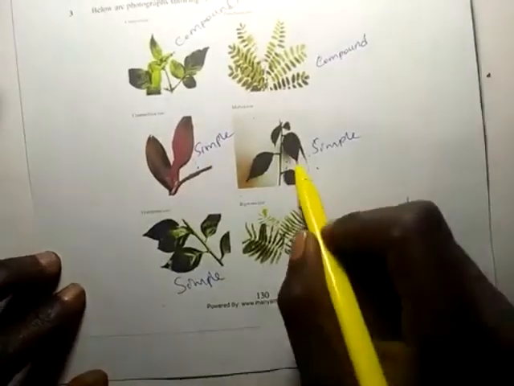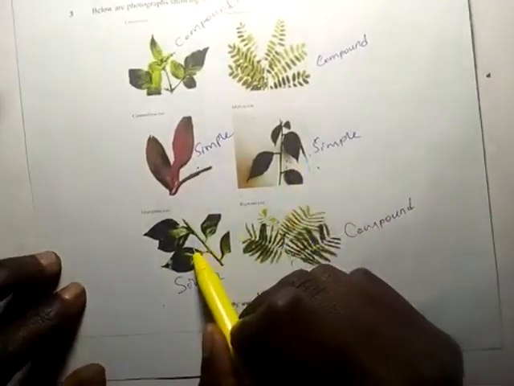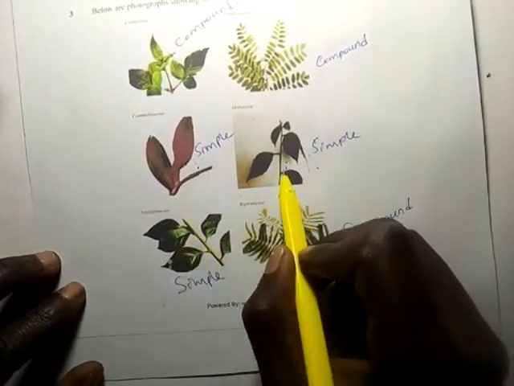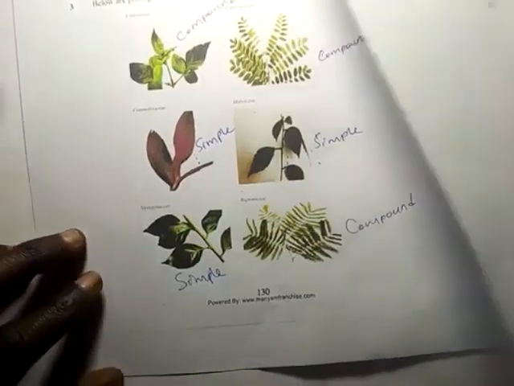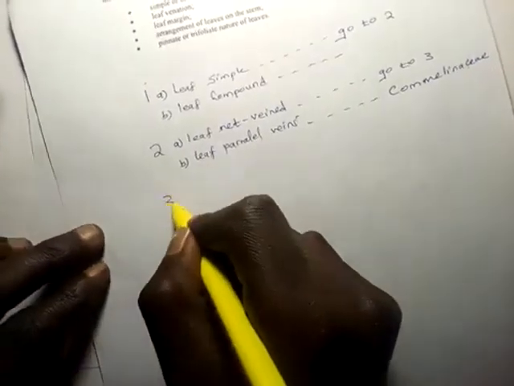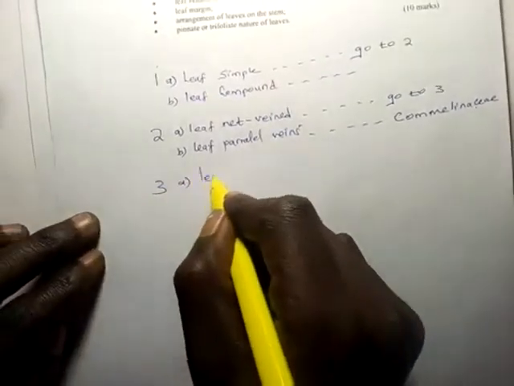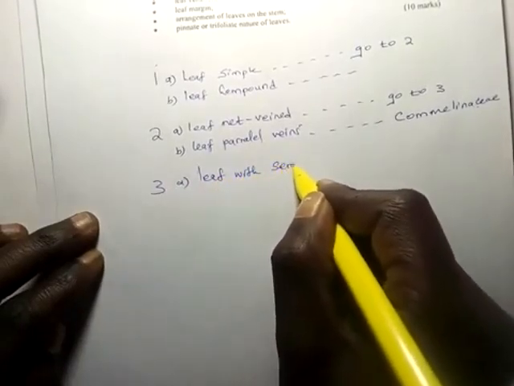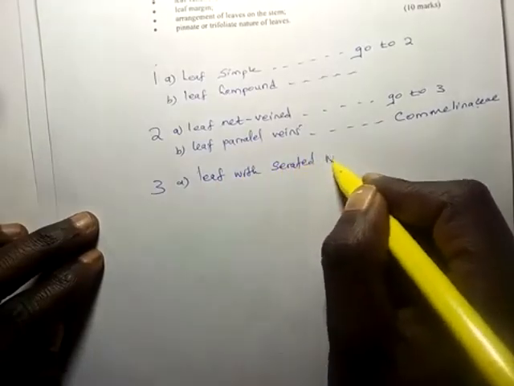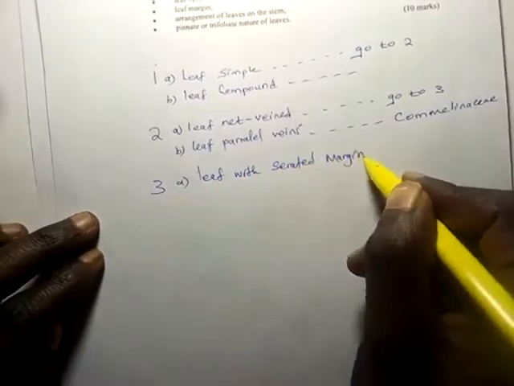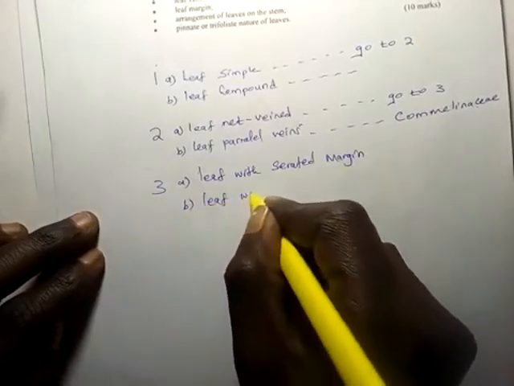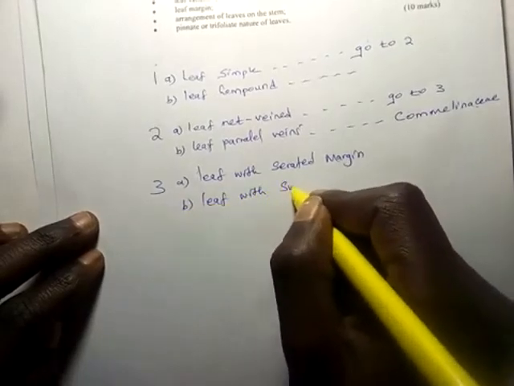Then you differentiate. I can see the leaf with smooth margin and leaf with serrated margin. Now you have differentiated them. 3a, you say leaf with serrated margin, and then B, leaf with smooth margin.